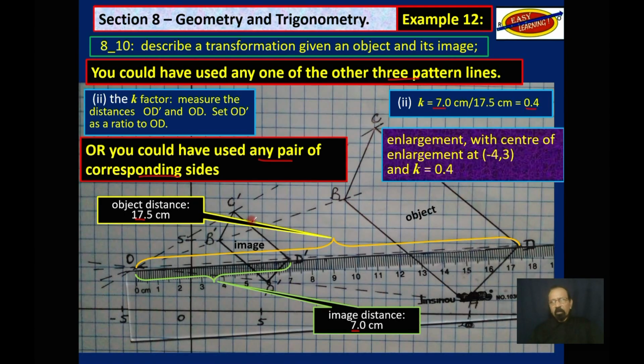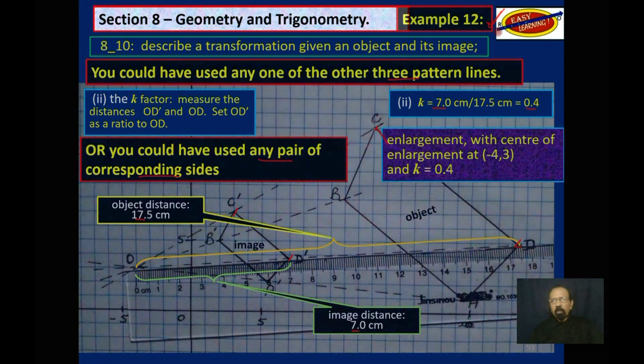I'm not showing that here. You could have measured this side here, C prime to D prime, and C here down to D. Remember, it is the image side over the object side, or the image distance over the object distance. And that was example 12.